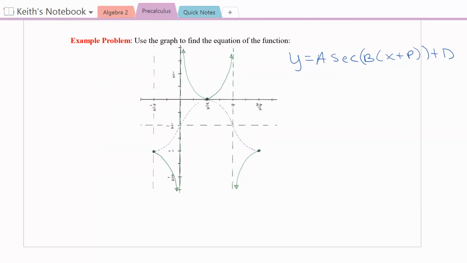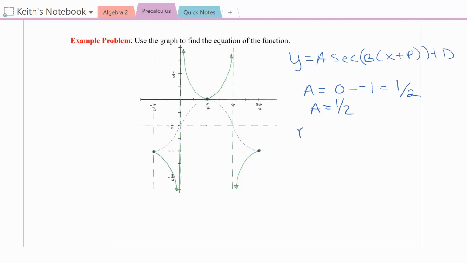Basically, if you're looking at a cosine graph, you would take the top and the bottom, subtract them, and divide by 2. The top here is 0. The bottom is -1. So that's equal to 1, divided by 2 means a is equal to 1/2.